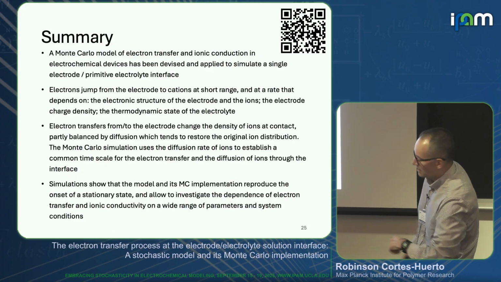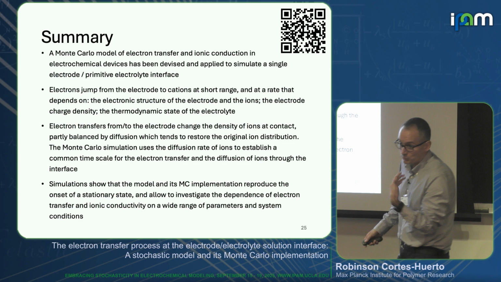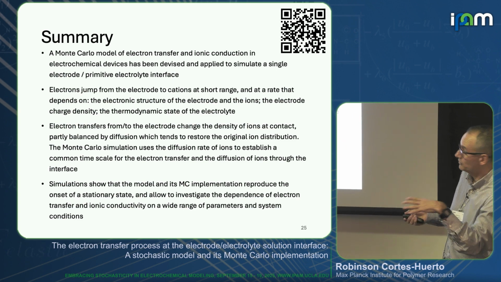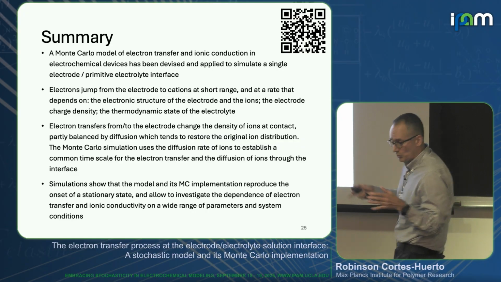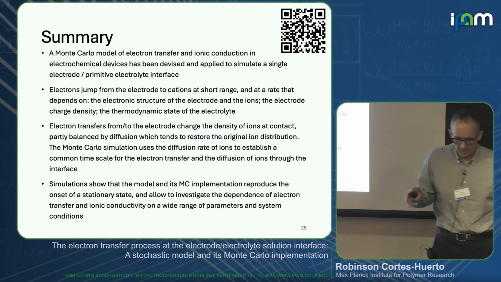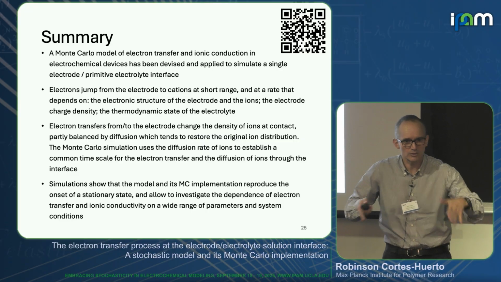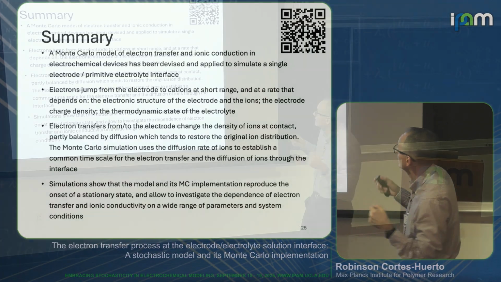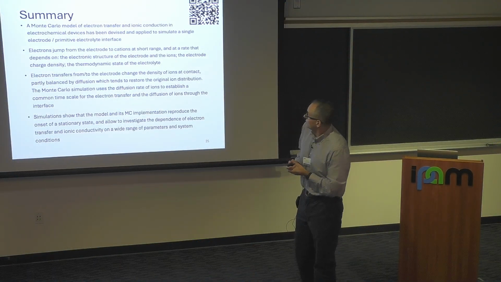Okay, so now I summarize this part of the talk at least. The Monte Carlo model for electron transfer and ionic conduction has a synchronization of times, in such a way that we can take into consideration both the time for the electron transfer and the time for the ionic conduction.